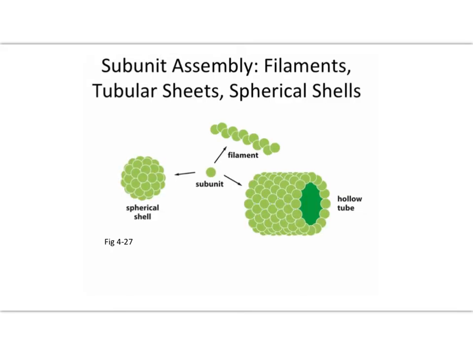All right, so right now we'll talk a little more briefly about how we can take those subunits and build these three different structures: a filament, a hollow tube, or a spherical shell. So first off, let's talk a little bit about the filament. An example of the filament is actin.